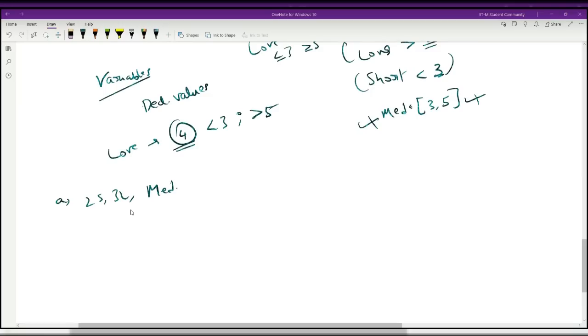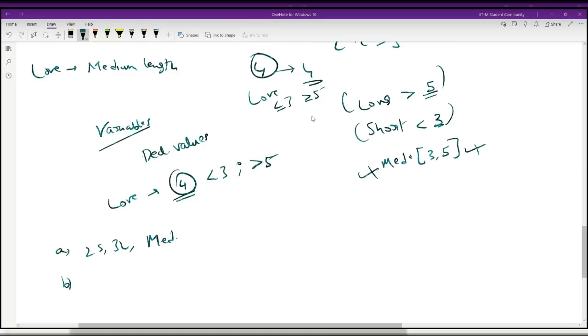So the point I'm stressing now is, please check the value that has been declared by the programmer, I mean by the user. Here he had used less than 3 and greater than 5 for short and long.